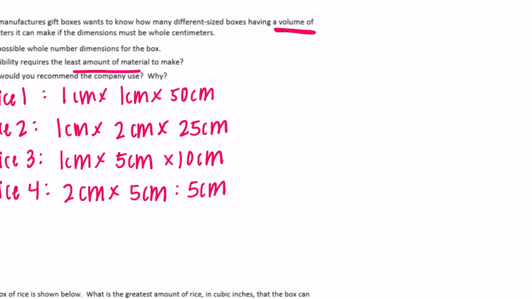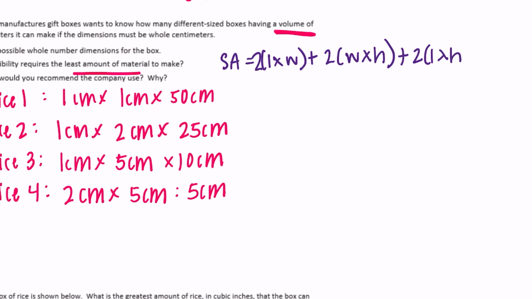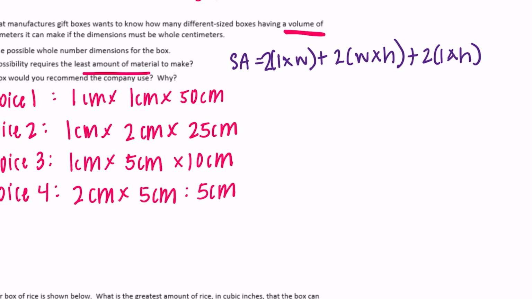Remember, the equation for surface area is 2 groups of length times width, plus 2 groups of width times height, plus 2 groups of length times height, and in any order.